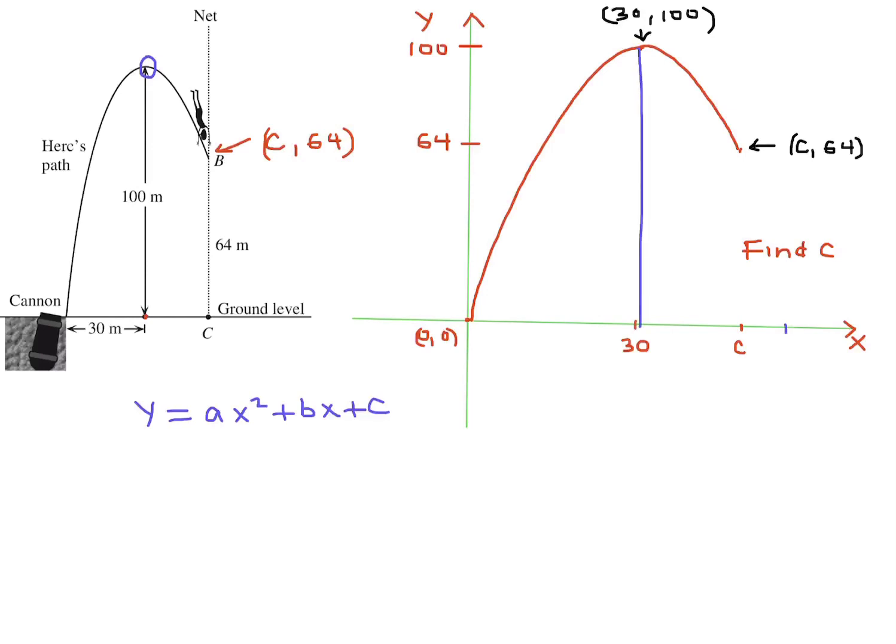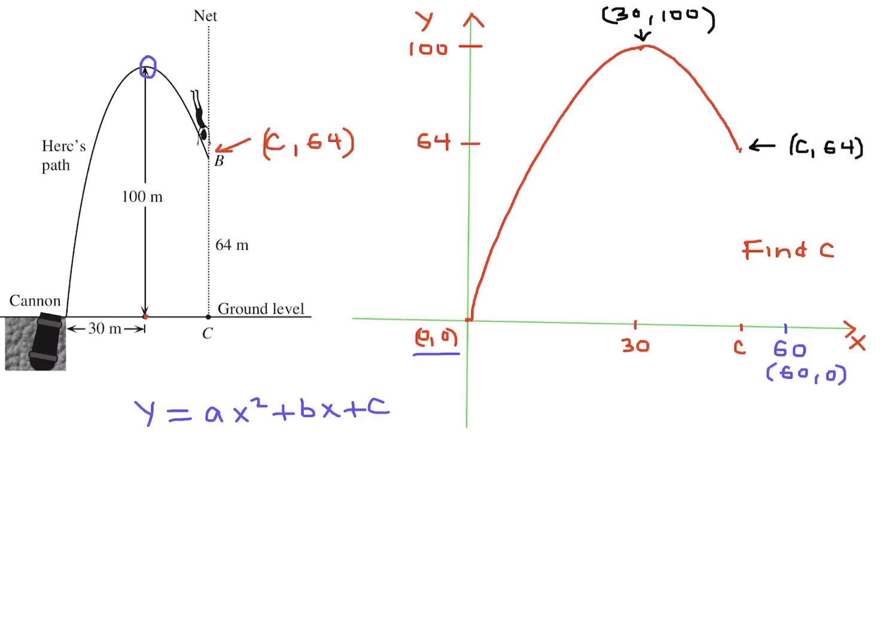From there to there is 30. So from 30 to its other x-intercept will also be 30. So therefore this has to be 60. So (60, 0) is basically another point on the graph.